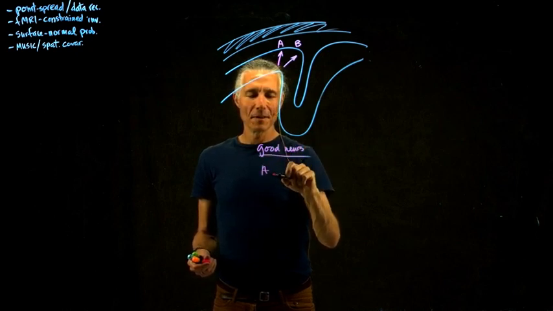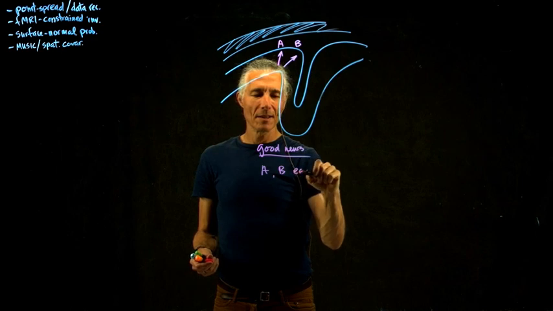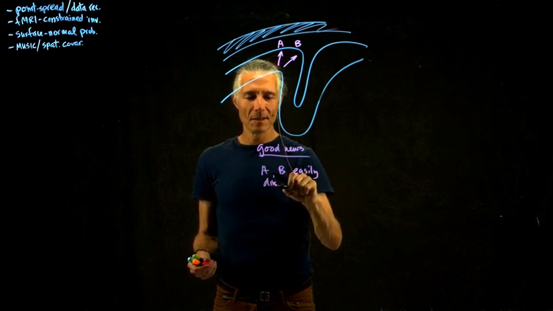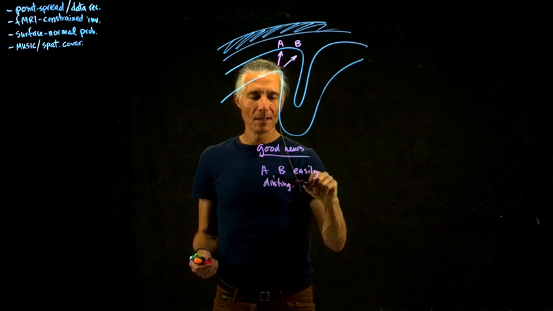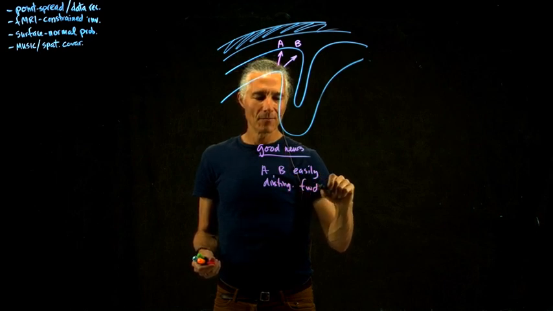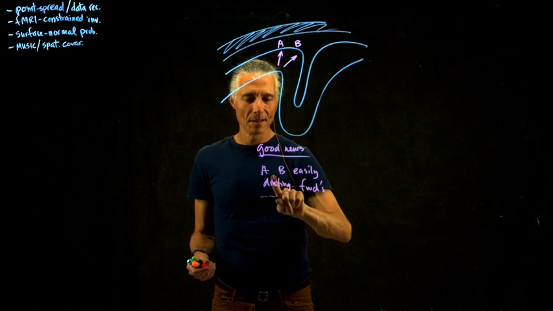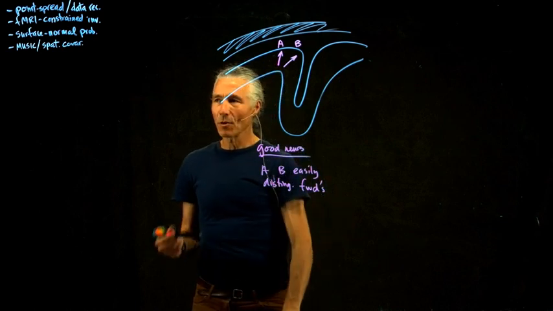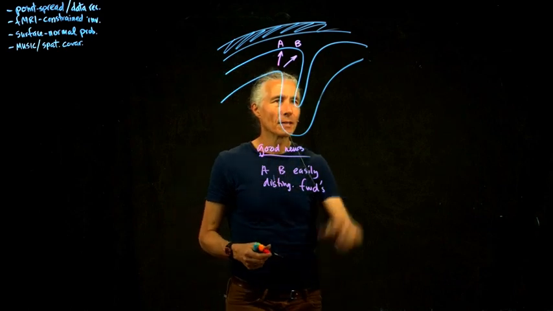A, B: easily distinguishable forward solutions. So that's the good part. And having the cortical surface helps there a lot.